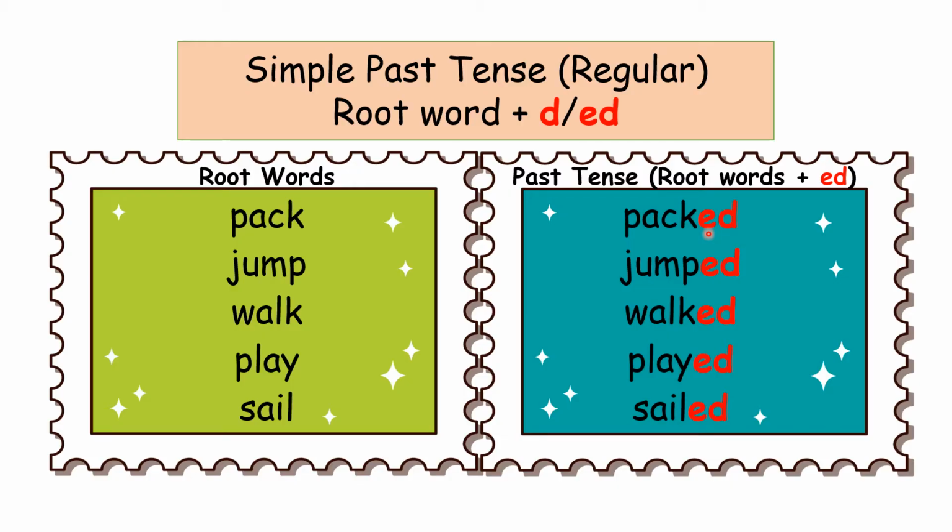The root words here are actually verbs. So remember that we need to change the verbs to past tense to show that the events or activities are completed, finished, or past.